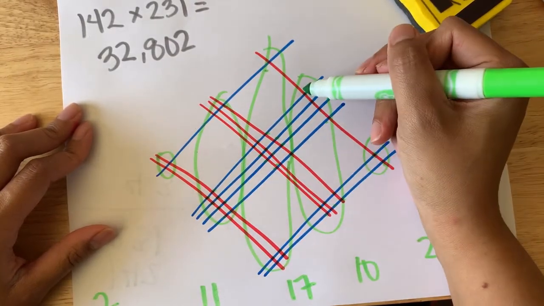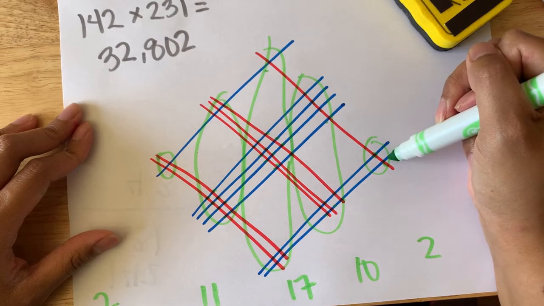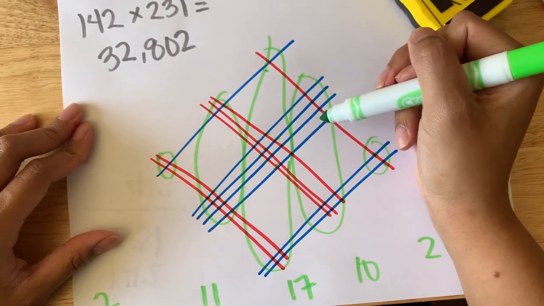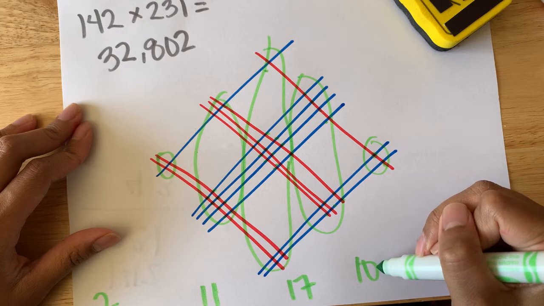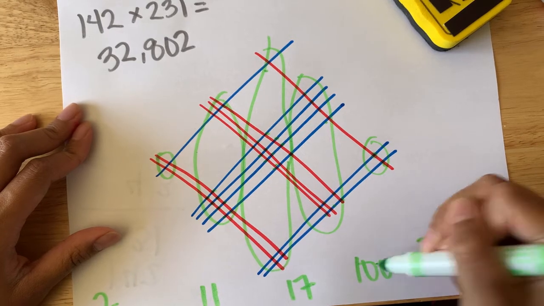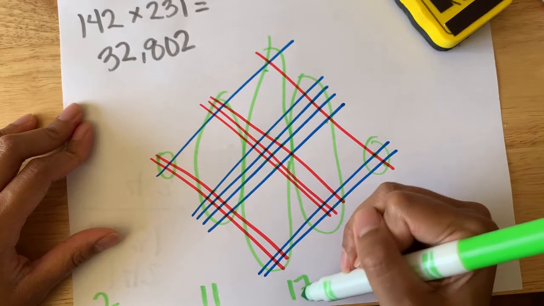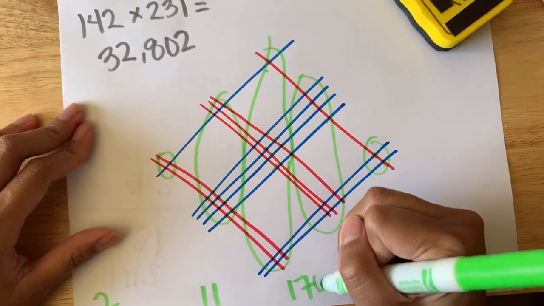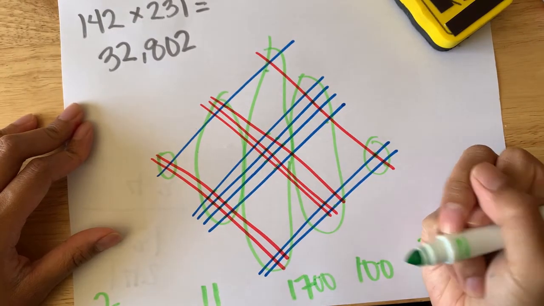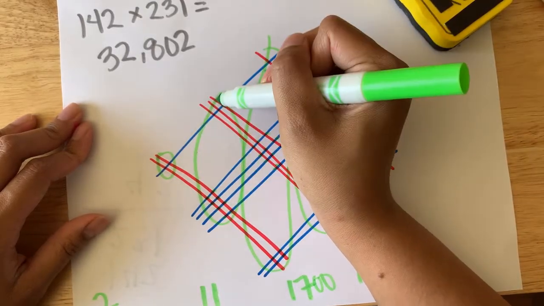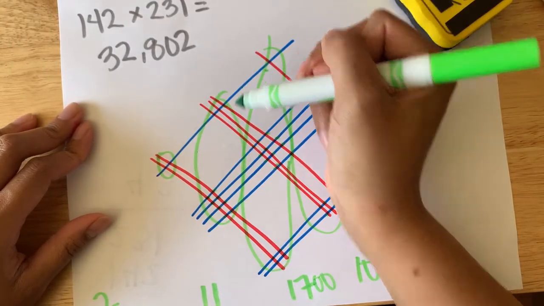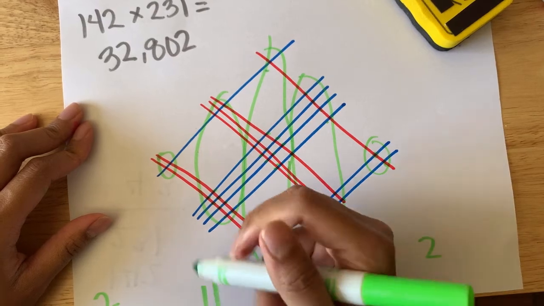So again, our first group is a ones place, so we leave that alone. Our second group is a tens place, so multiply this number by 10. Our third group is hundreds place, so multiplying 17 by 100, sneaking 2 zeros at the end. This group here, now we're in the thousands, so we're going to multiply 11 by 1,000.